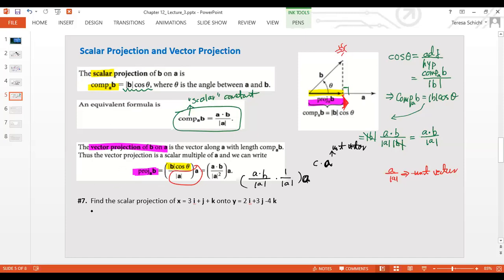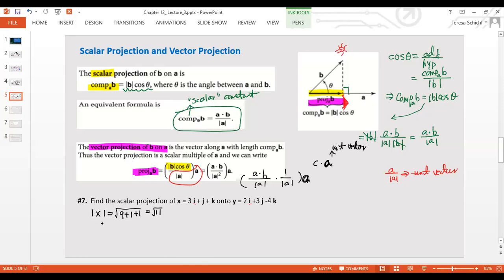So the first thing here, I need to find the length of what? The length of x, right? So it's basically b. The length of x is here. Remember, it's 9 plus 1 plus 1, so it's the square root of 11, right?